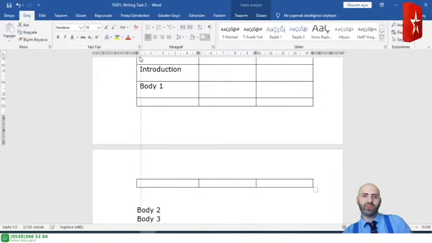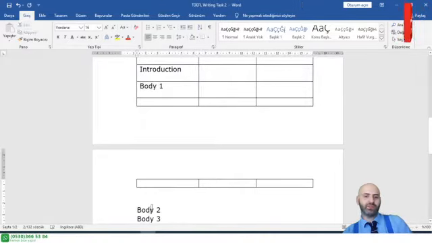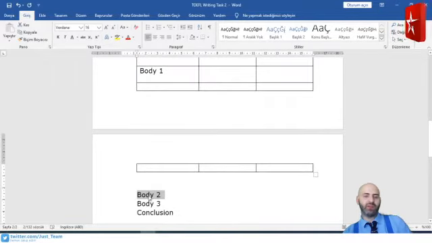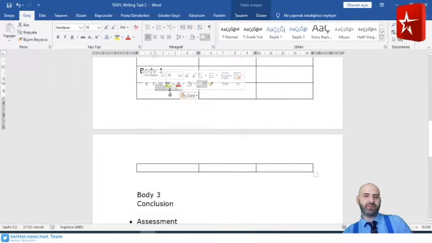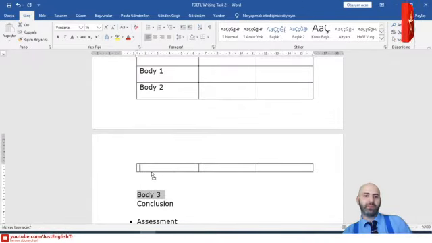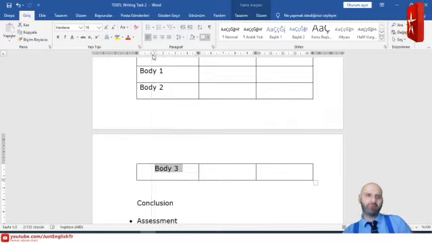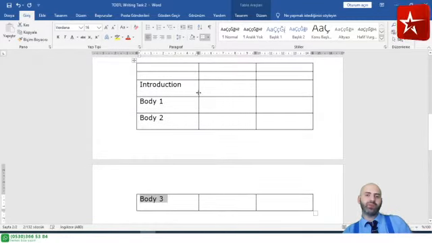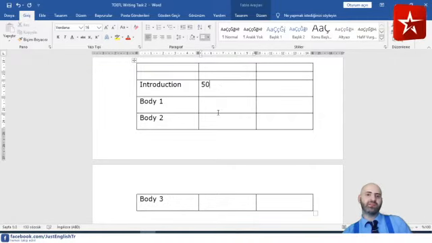So my question is, how many words do we need to have in the introduction paragraph? And we have some answers from Machinist Man and Hussein. Hussein thinks 50 words and Machinist Man thinks 60 words. Gisem thinks 40 to 50. You are all correct, guys, because let's say we need to write about 50 words in the introduction paragraph.